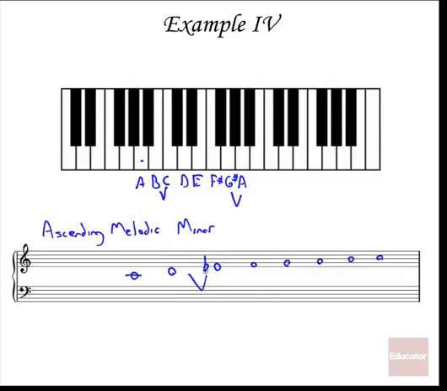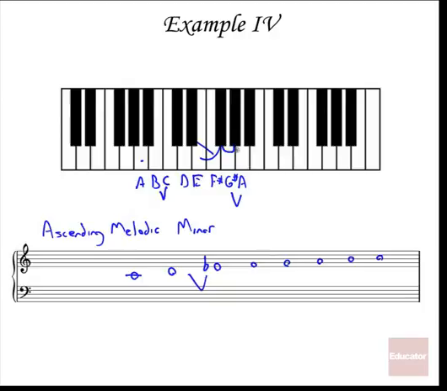So here's the first half step, and then C and D is a whole step, and let's see, E flat and F is a whole step, so that's fine. And then D and E is a whole step, and so is F and G, so that's fine. And then E and F sharp is a whole step, and so is G and A, so that's fine.